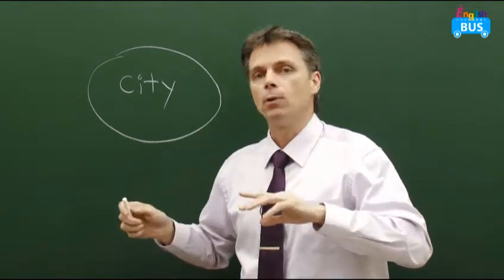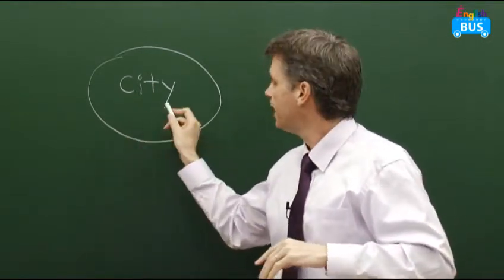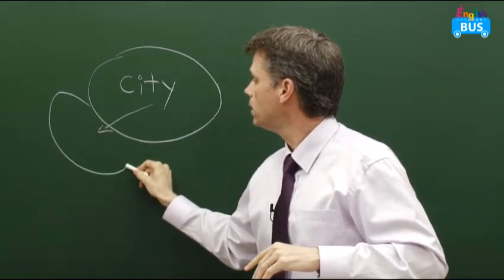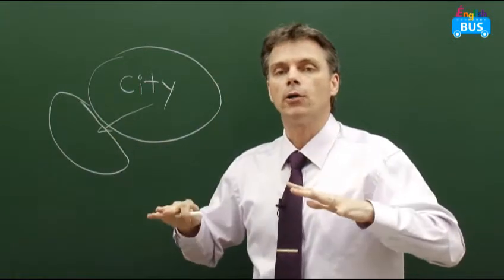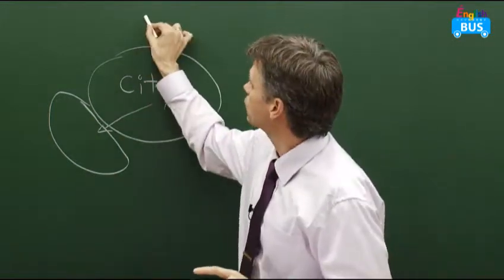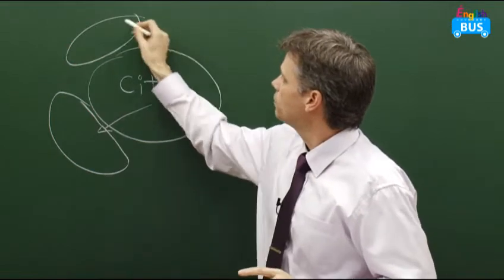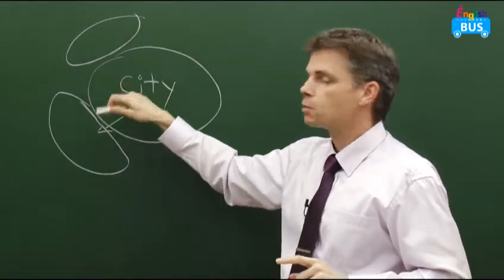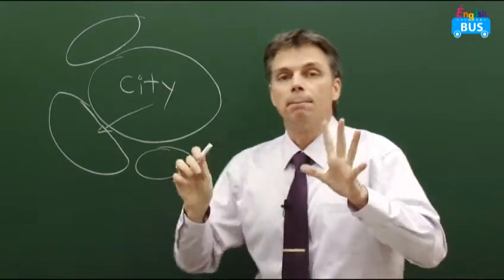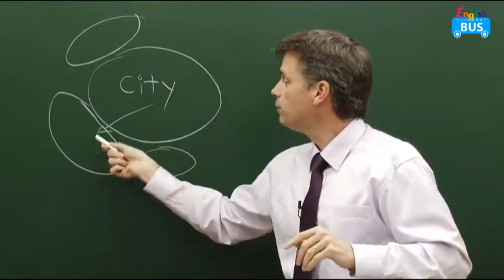So, some people, they don't live here, they live outside. Maybe over here is another small area, and that's called the suburb, meaning outside the city. Some suburbs are big, some are small. Here's a small suburb maybe, okay? And people, they live here.